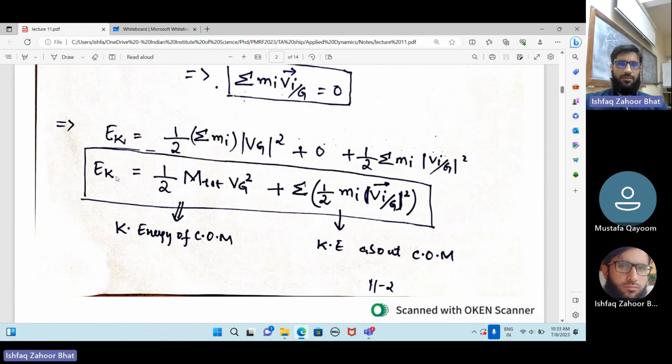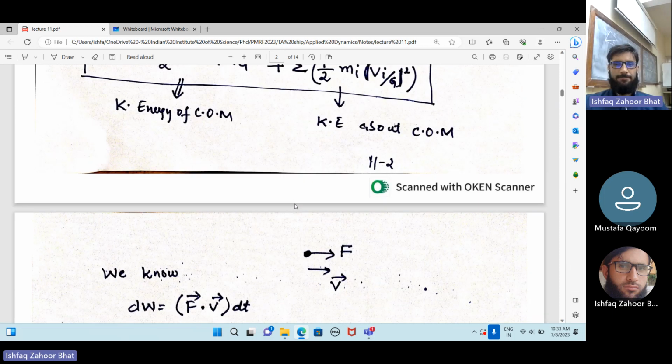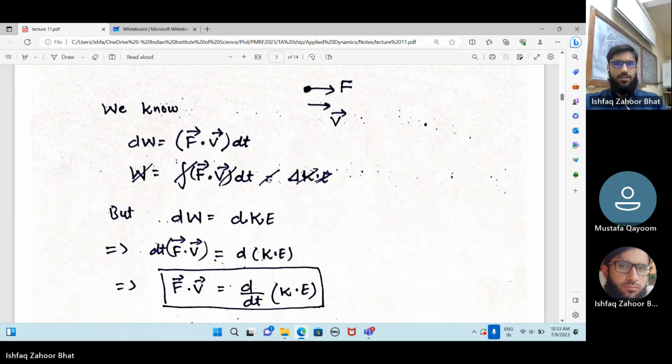So now the big picture which you will keep in mind is that the kinetic energy of a system of particles is nothing but the kinetic energy of the center of mass plus the kinetic energy about the center of mass.